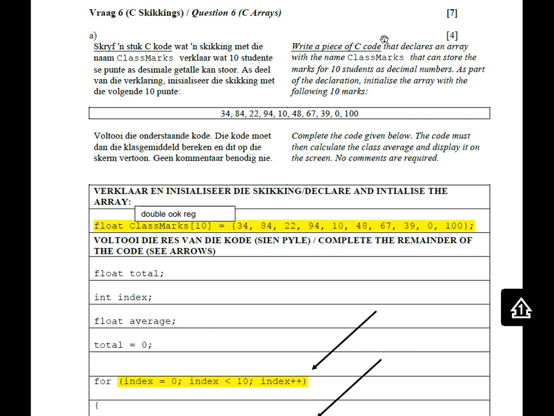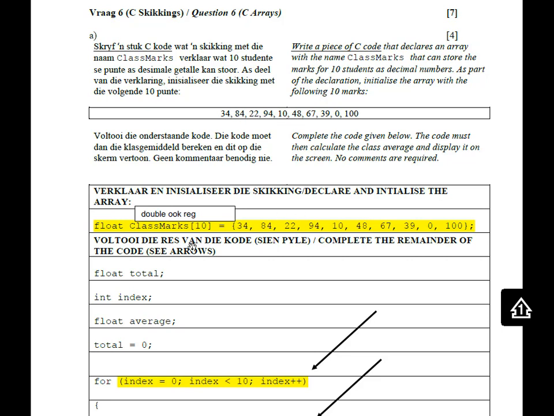What we need to do is declare an array with the name class marks that can store marks for 10 students. So we know there are 10 values in this array as decimal numbers, and this array should be initialized according to these values over here.